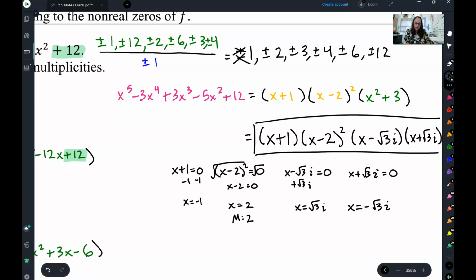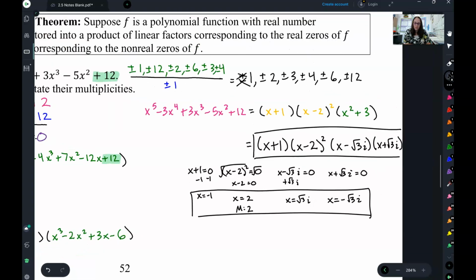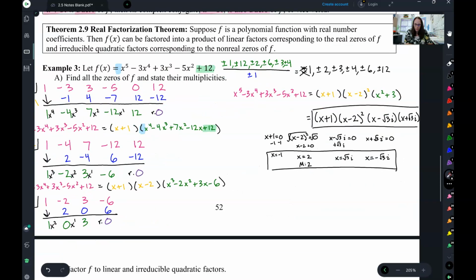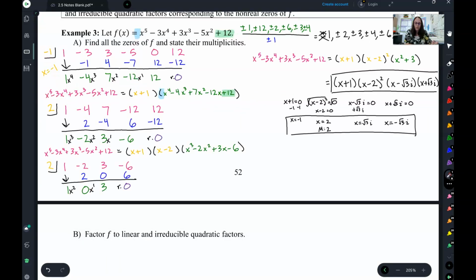Imaginary will always come in pairs. So here's all my zeros. It was degree 5, so I said I should have 5 zeros. 1, 2, 3, 4, 5. Still have 5 zeros.